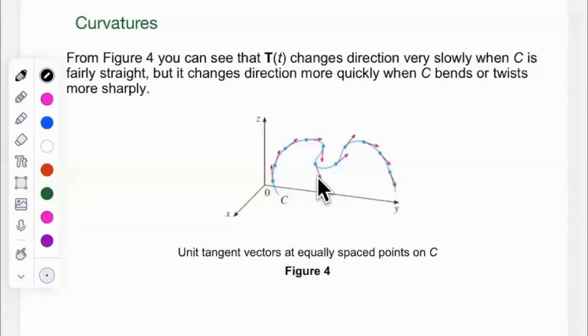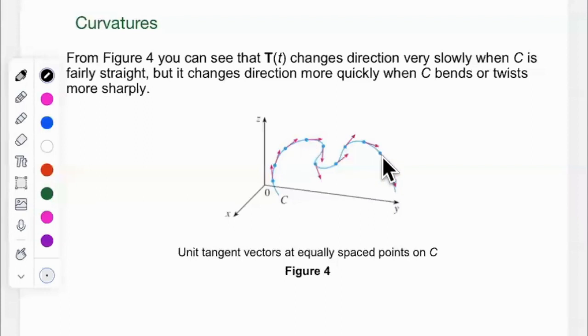And let's look at this figure. You can see that the unit tangent vector T of t changes direction very slowly when the curve is kind of straight, very straight. Like over here, it's kind of straight, right? So the direction change is kind of slow, okay, like that.